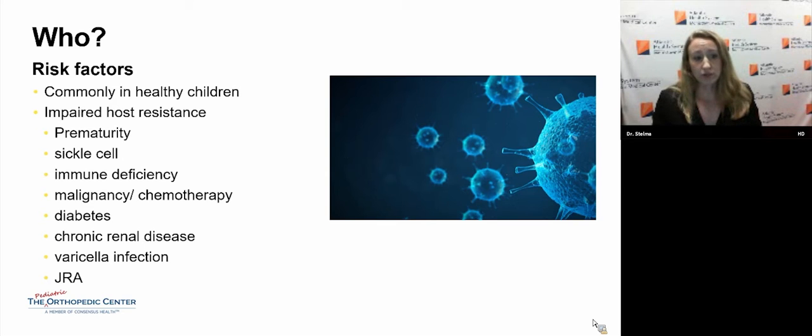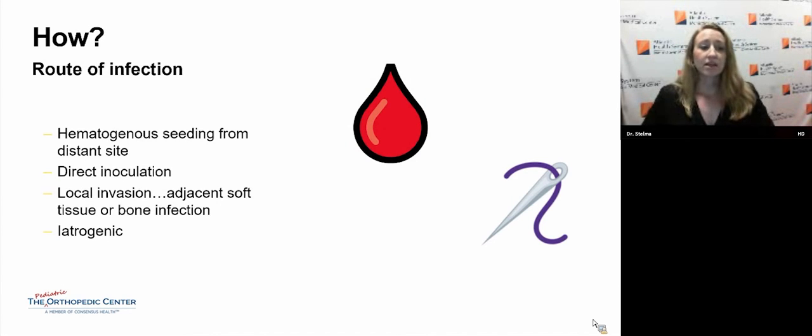So particularly prematurity, so infants that are premature, sickle cell disease, any other immune deficiency, if kids have a malignancy or are undergoing any sort of chemotherapy, diabetes, chronic renal disease, a varicella infection, or juvenile rheumatic arthritis. So these are things that can impair the immune system and put kids more at risk for developing a diffuse infection.